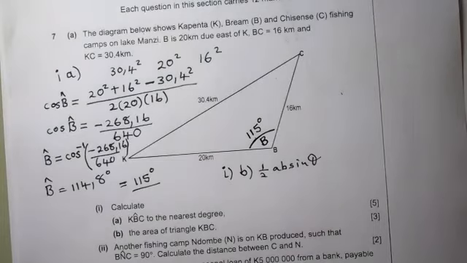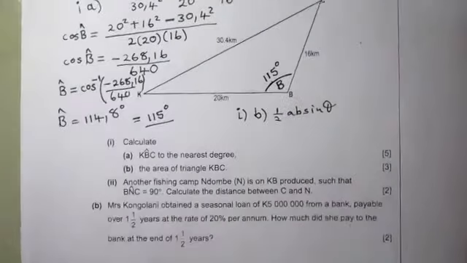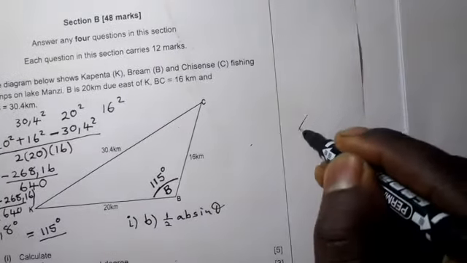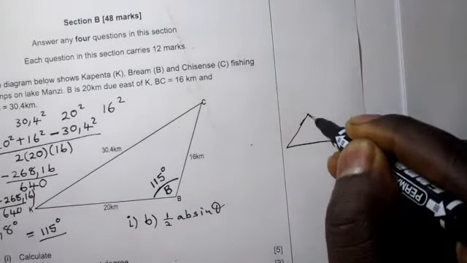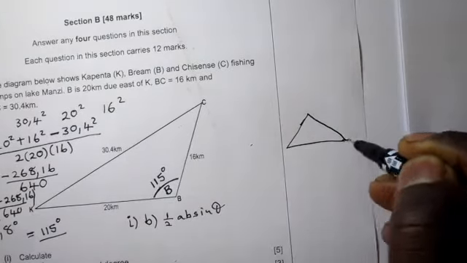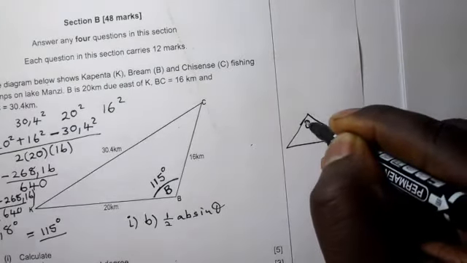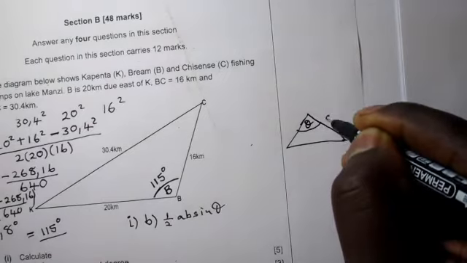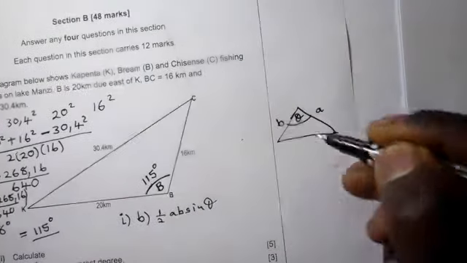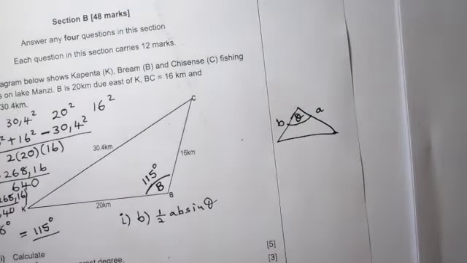Let me show you something, class. If you have a triangle like this, and this is the angle theta, a and b refer to the sides which contain the angle in between. I hope you are listening.